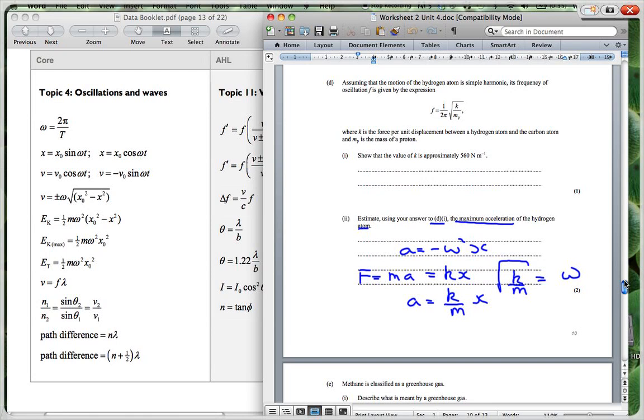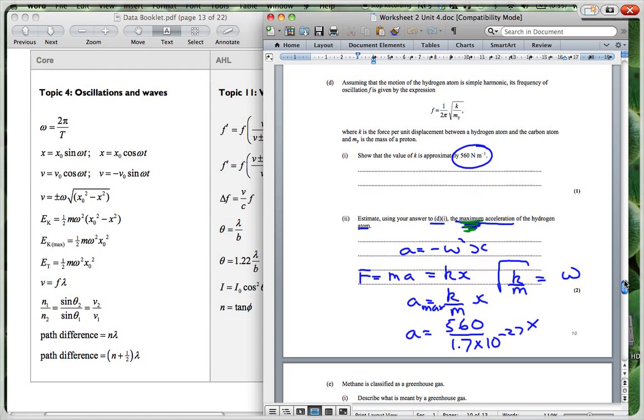So we've worked out this k, it's 560. So our acceleration is going to be 560 divided by our mass, which is equal to 1.7 times 10 to the negative 27, and then times this x over here.